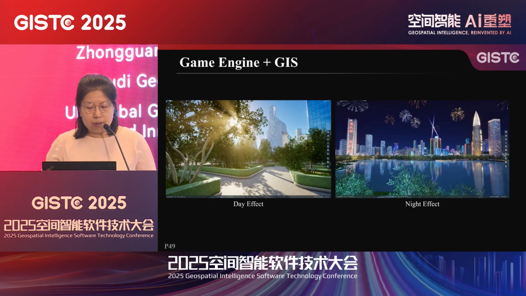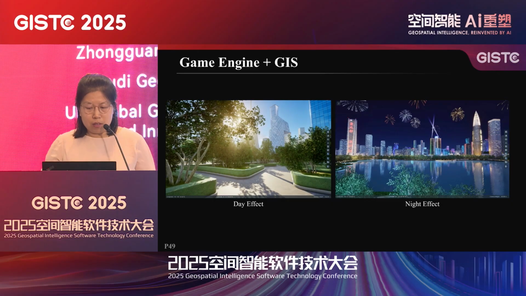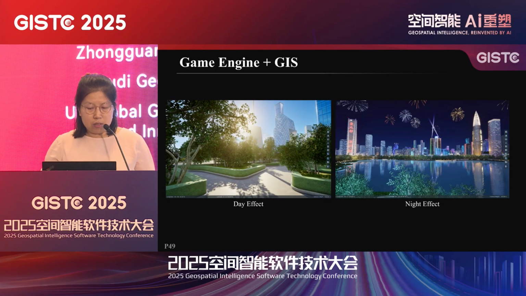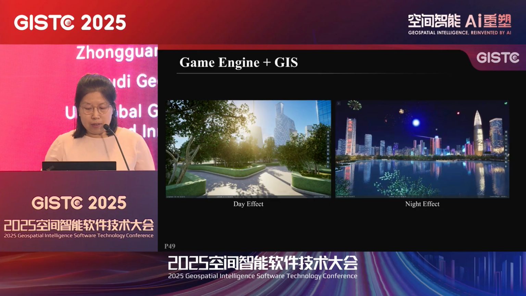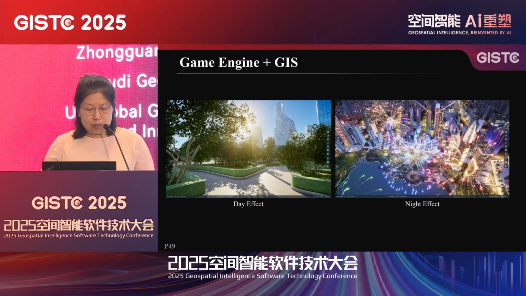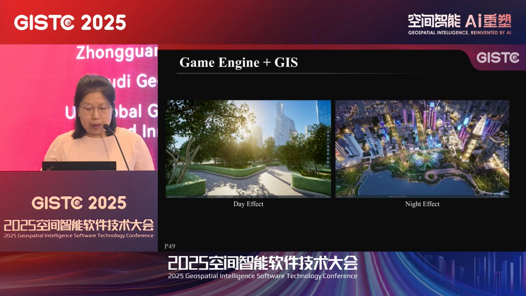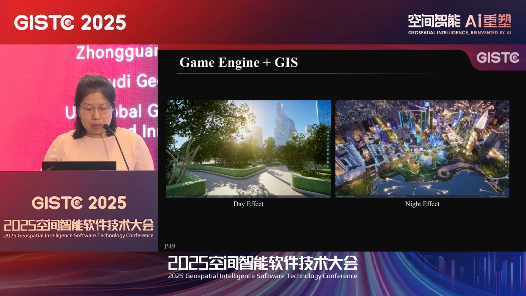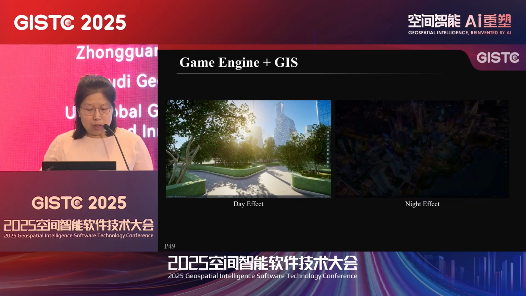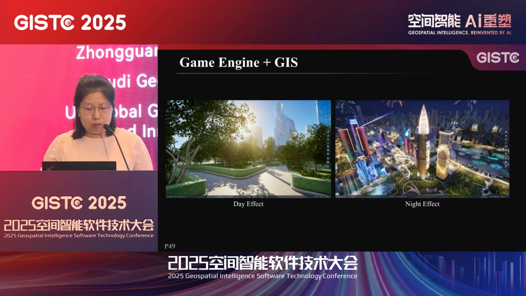Here, we showcase the effects of daylight penetration using the game engine, including the lighting and shadow effects on the ground, grass. Additionally, we highlight nighttime city building lighting, water reflections, and the visual effects of fireworks blooming.